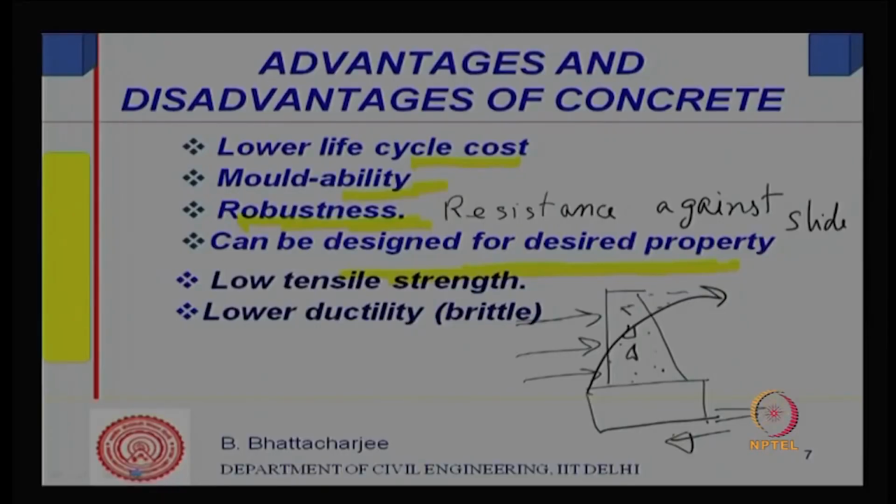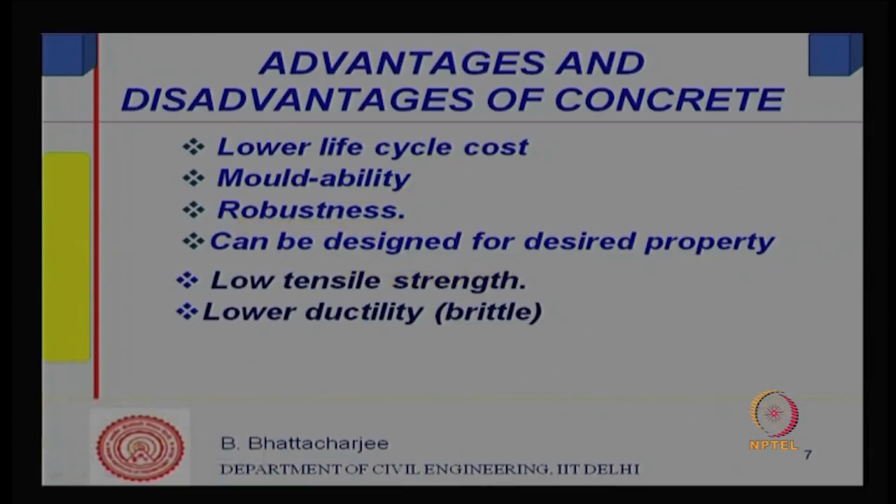One is that it has low tensile strength, and the other is that it has low ductility. Ductility is a property by virtue of which the material exhibits a large amount of deformation prior to failure, and such large deformation ensures warning prior to failure.